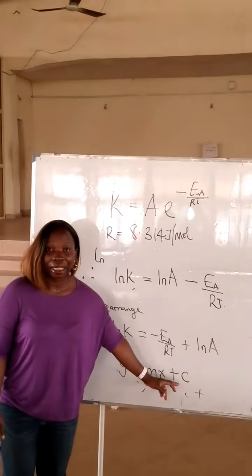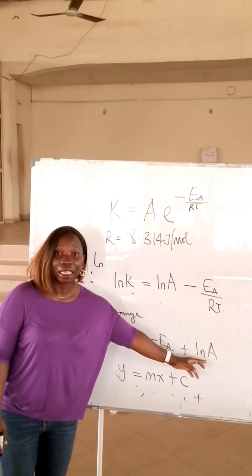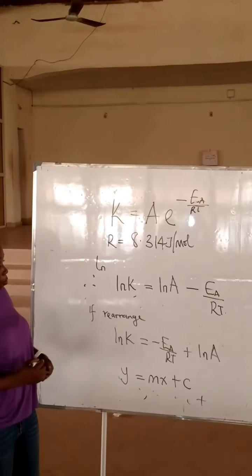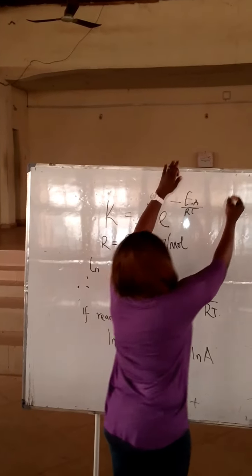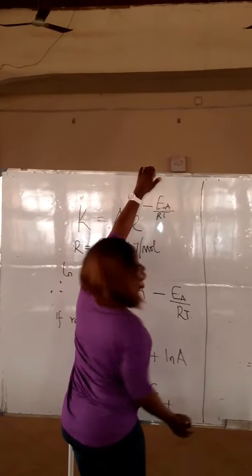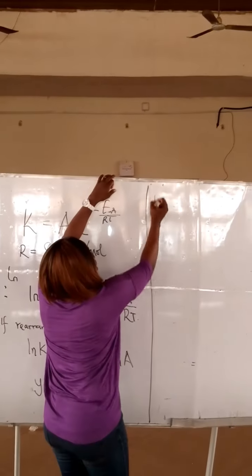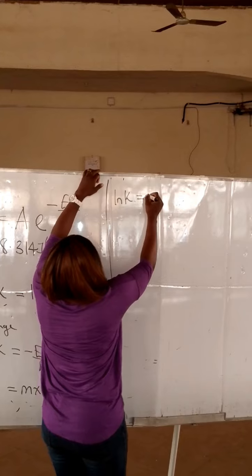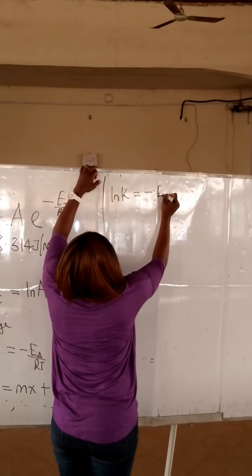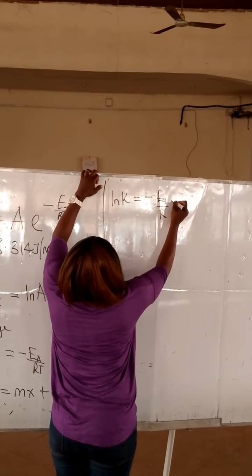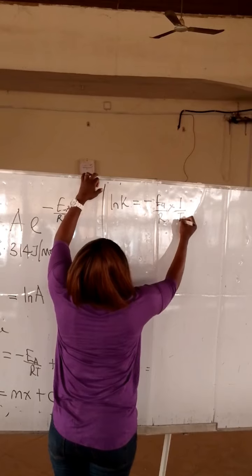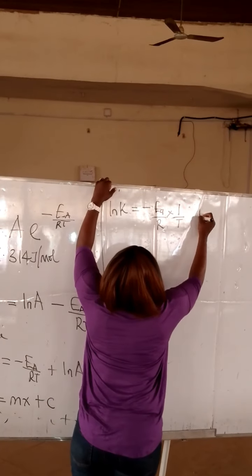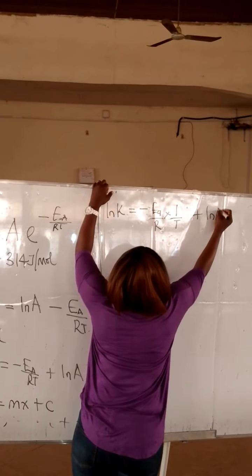Then our intercept becomes our ln A. Therefore, the equation can be written as ln k equals minus Ea over R times 1 over T plus ln A.